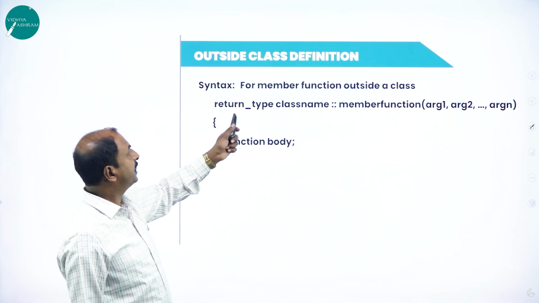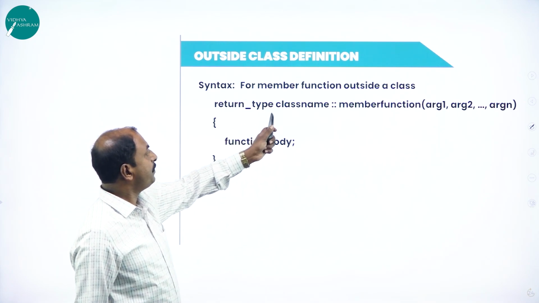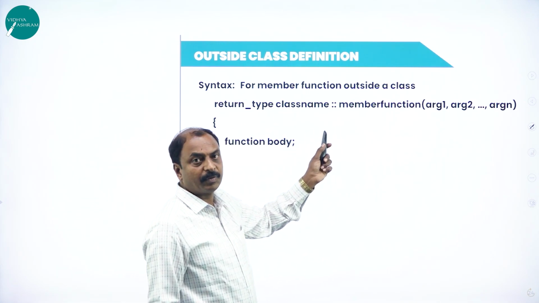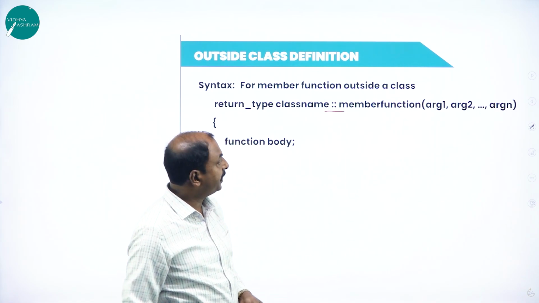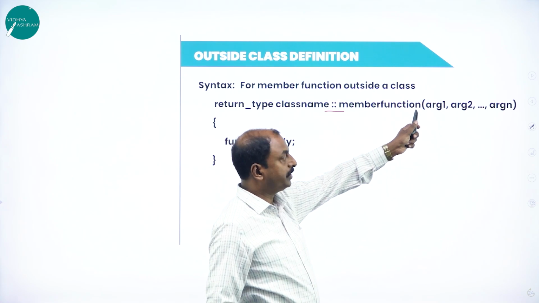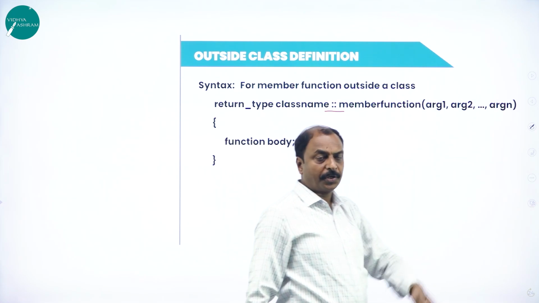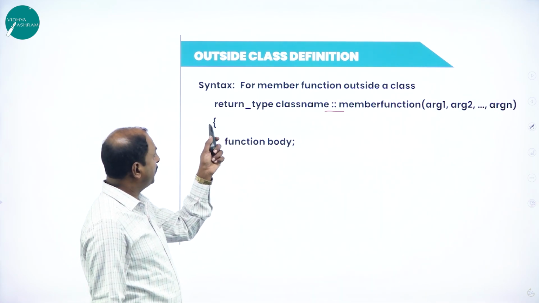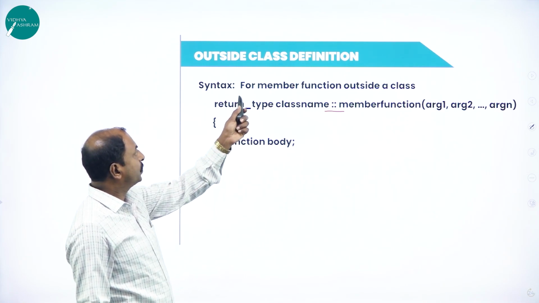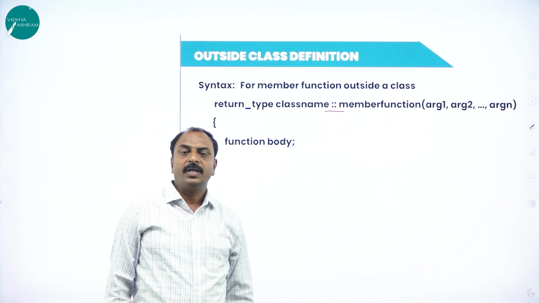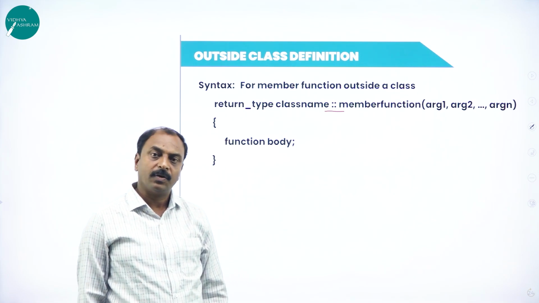The syntax is return type, space, class name with the scope resolution operator, and name of the function with or without arguments. After this, open the bracket, write statements, then close the bracket.